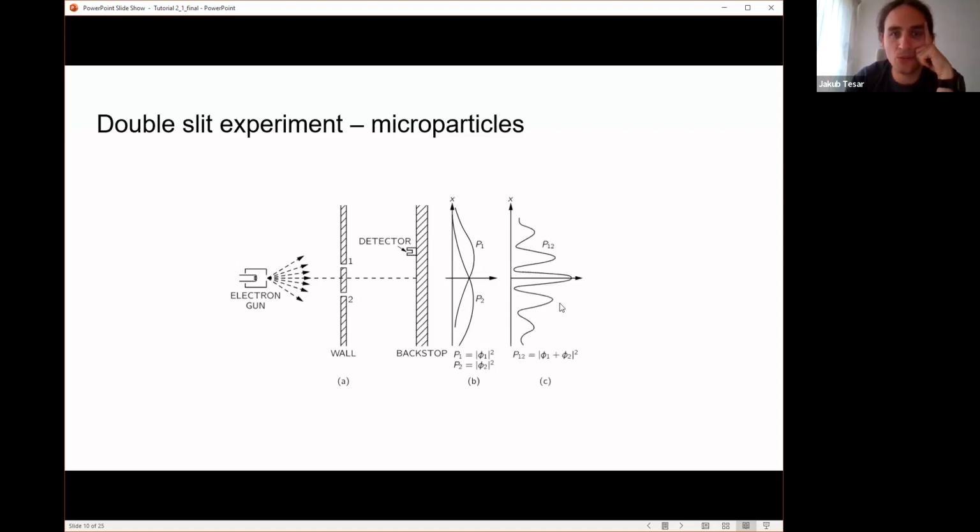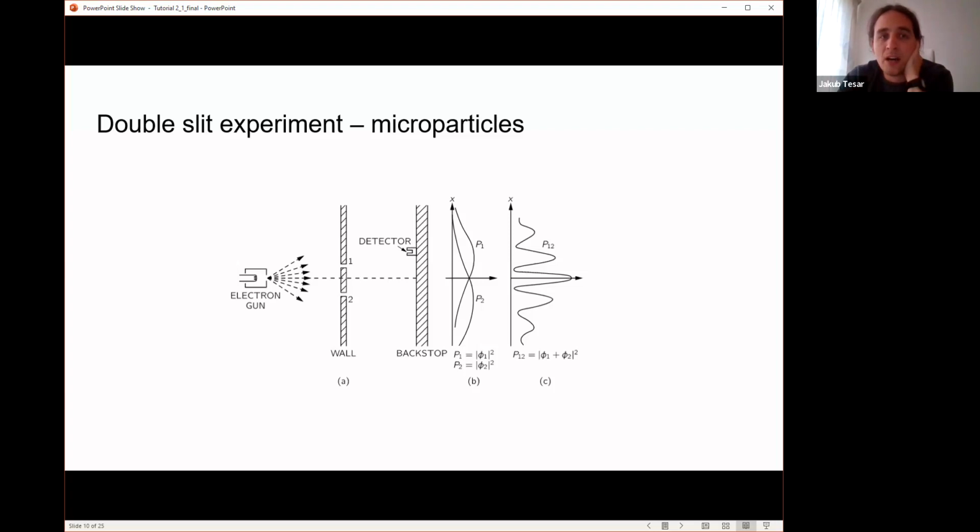But if we open both slits, what we will get is this unmistakable characteristic pattern of interference. So it means that with the microparticles, in this instance of the experiment, it seems they behave like waves. There is something wave-like going on with respect to these microparticles.